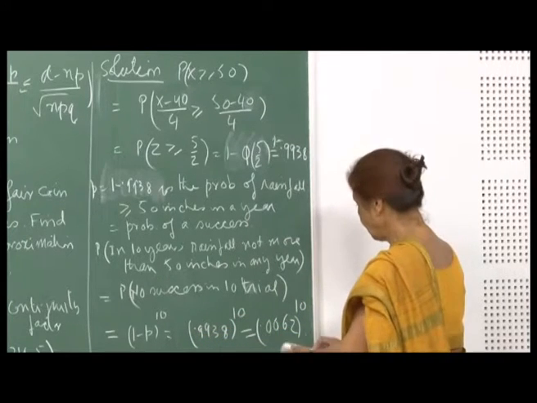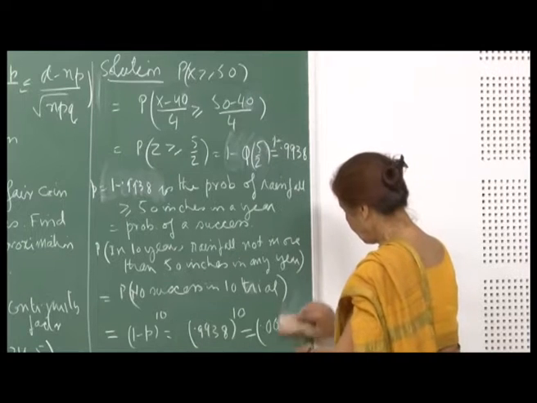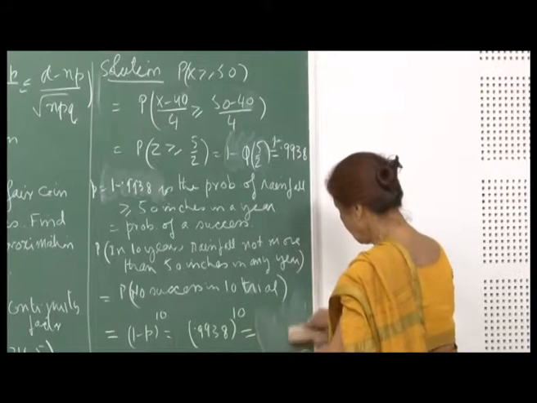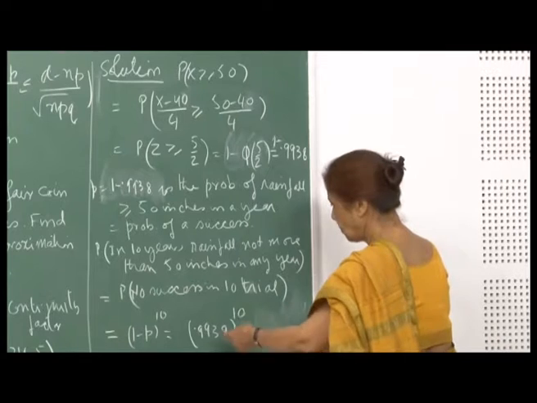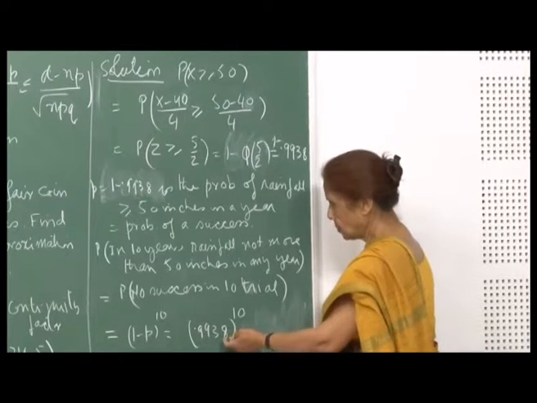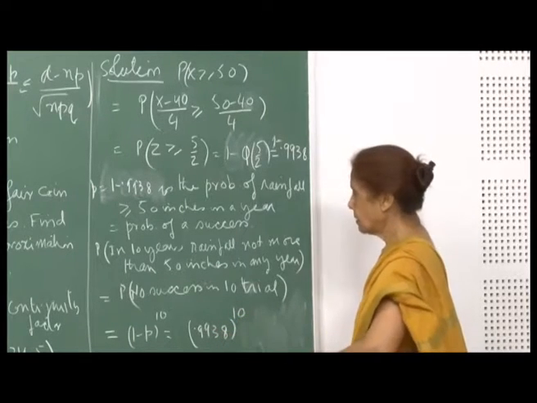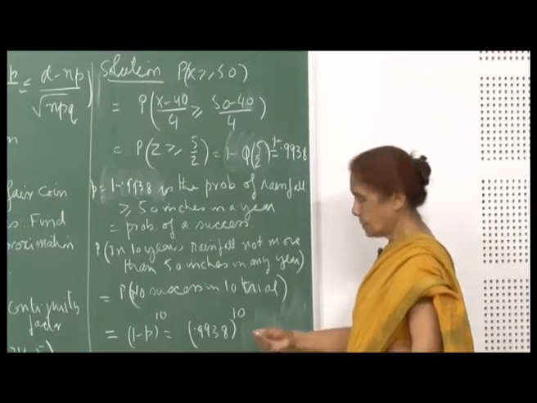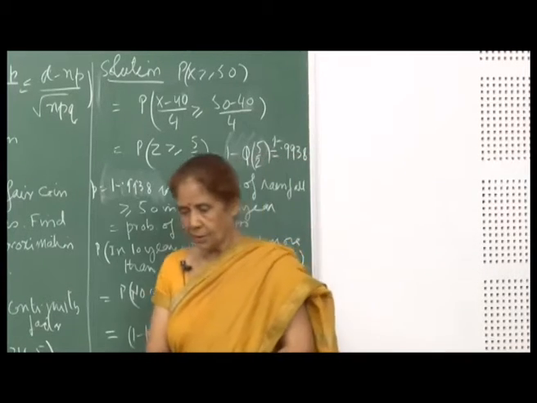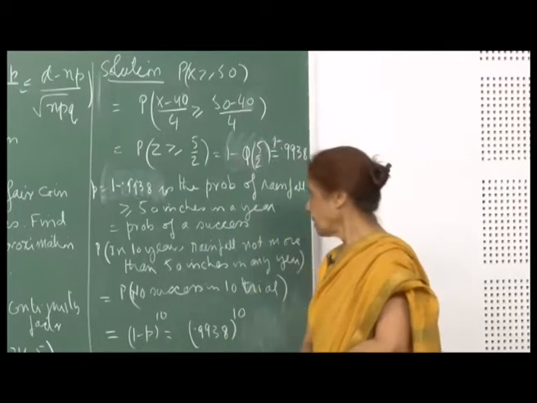Again please compute this number, because I had made a mistake. You can now use your calculators to compute this probability, which will be the probability that in 10 years the rainfall will be less than 50 inches every year.